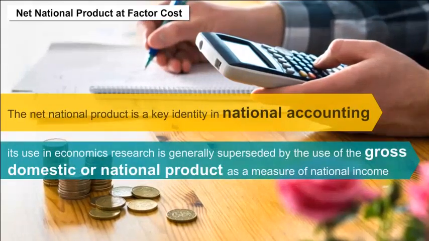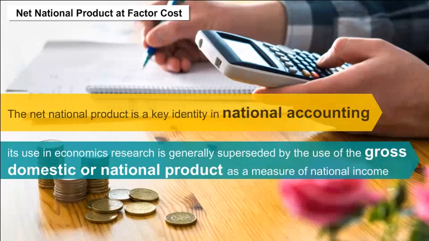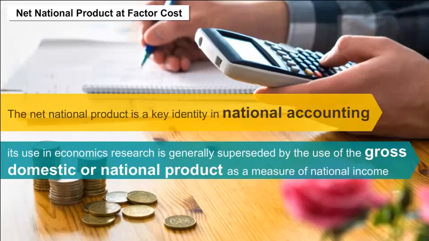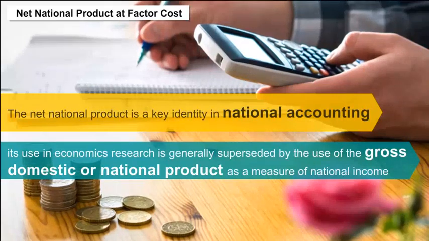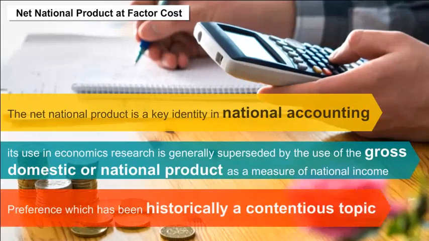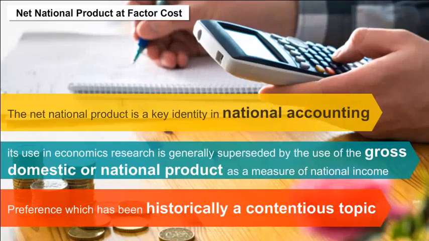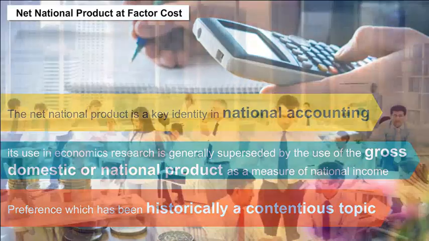Its use in economics research is generally superseded by the use of the gross domestic or national product as a measure of national income, a preference which has been historically a contentious topic.